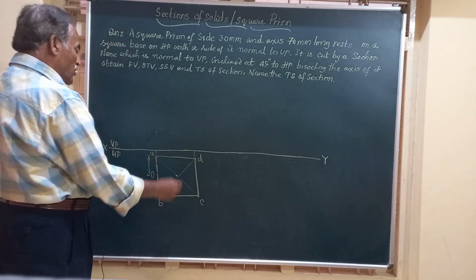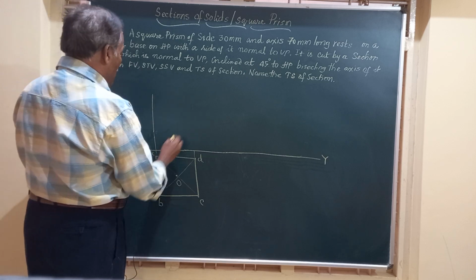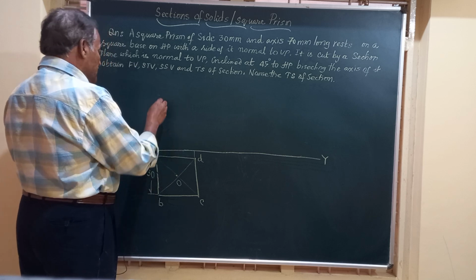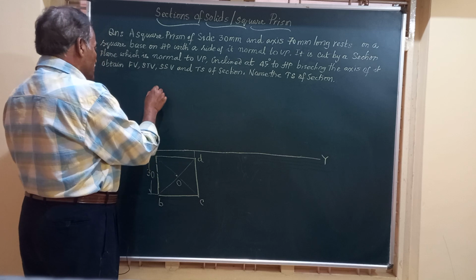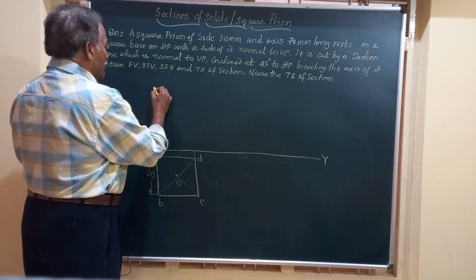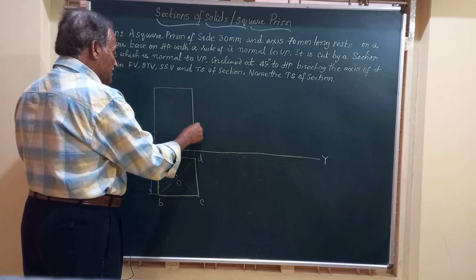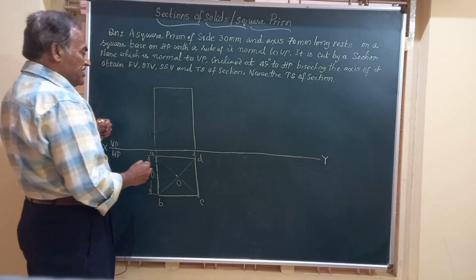Friends, from the top view, let us obtain the front view of the solid. The front view is going to be a rectangle of height equal to 70 mm. So friends, this is the front view, and this is obtained by projecting lines from here.